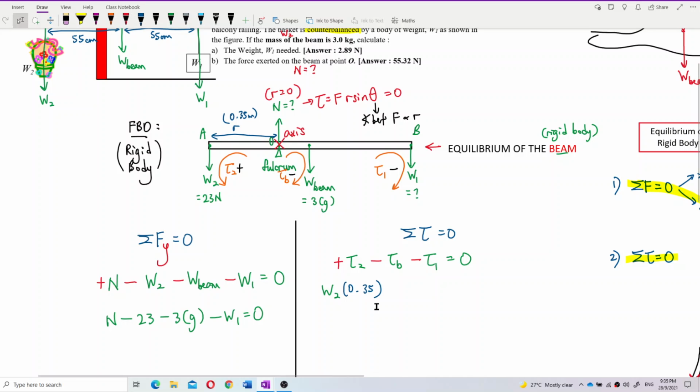Sine theta. Sine what angle? What angle is the angle between the force and the R? Very simple. It's 90 degree. Remember, the theta is between the force and the R, and they are perpendicular to each other. Perpendicular, so angle is 90 degree. So this is sine 90.